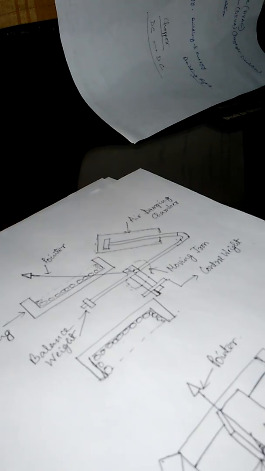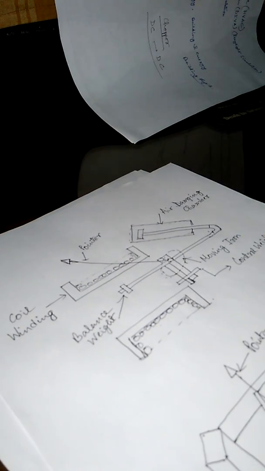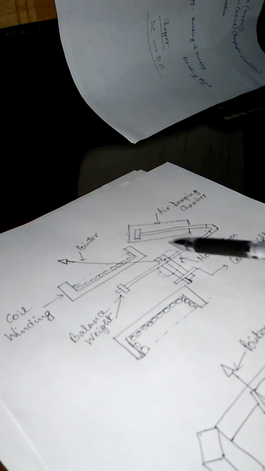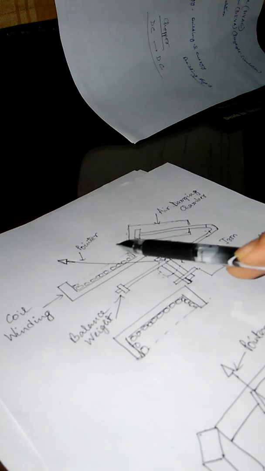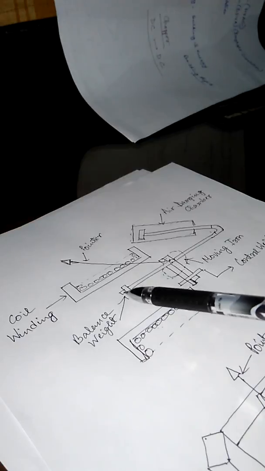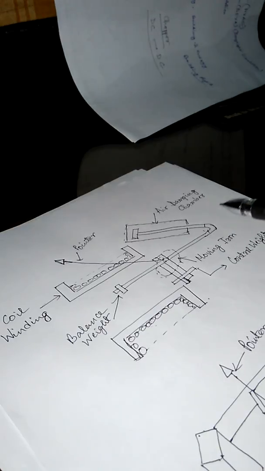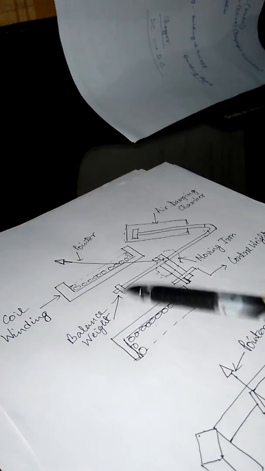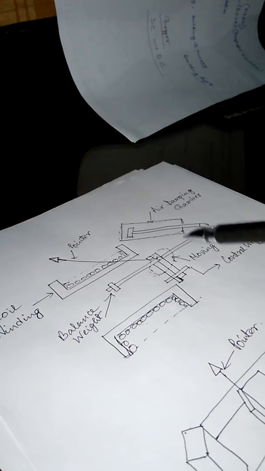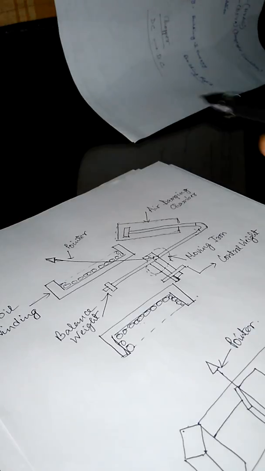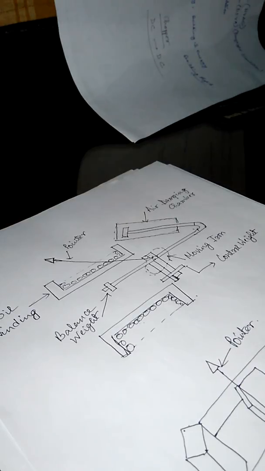Now this is the construction: this is the coil, this is the moving iron, and the pointer is attached to it. The damping torque is provided by the air damping chamber, and the controlling torque is provided by the spring. Now, for the working principle, suppose in the system there is an increment of current.